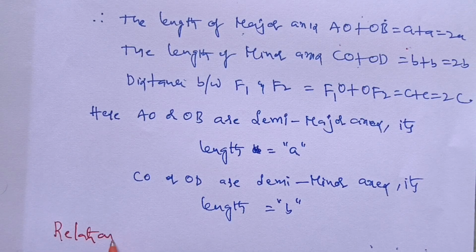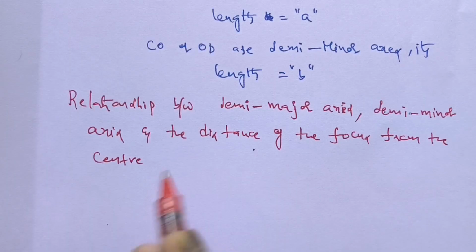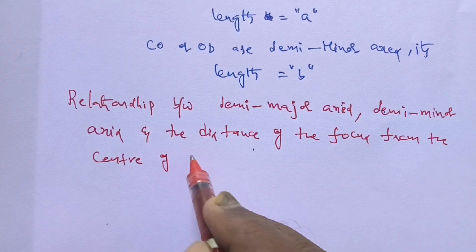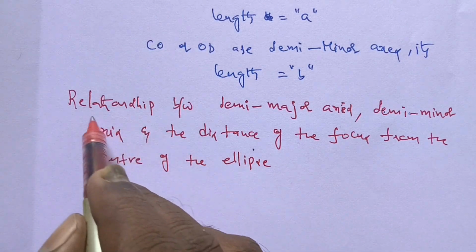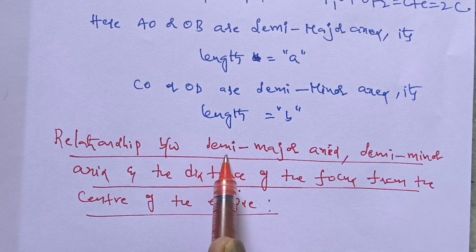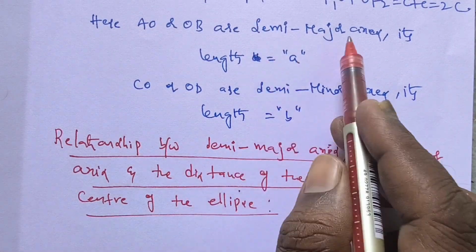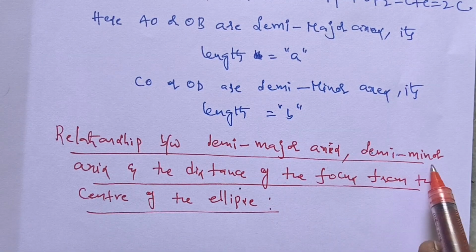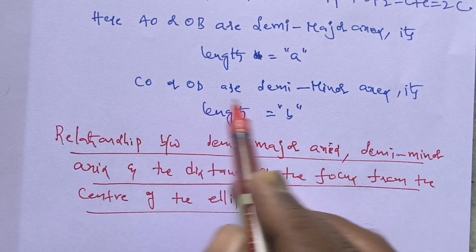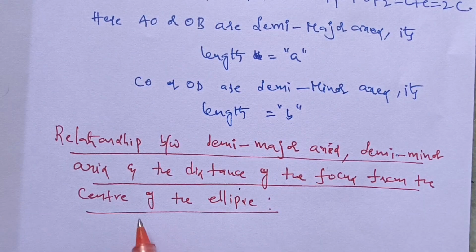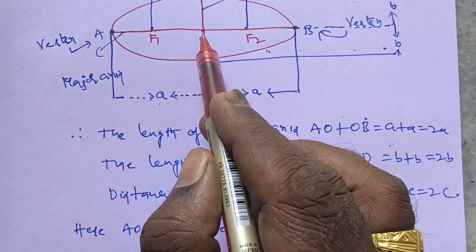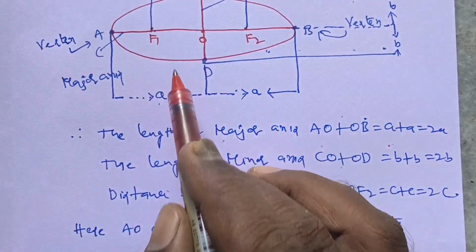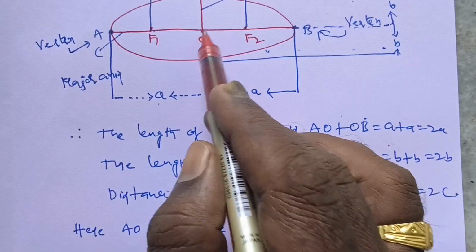Now we construct a relation between the semi-major axis, the semi-minor axis, and the distance of the focus from the center of the ellipse. So here the semi-major axis is a, the semi-minor axis is b, and the distance from the center to any focus of the ellipse is c units.